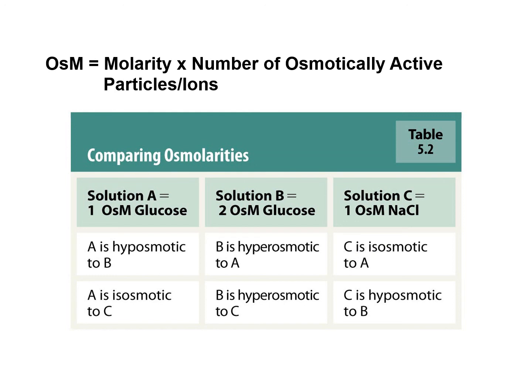If you have more osmotically active particles, like solution B here, it's 2 osmoles, that would be hyperosmotic. More solute is more osmotic. More solute is less water. So if we have 1 osmole and 2 osmoles, this one's going to have a higher concentration of water than this one, and the water will want to diffuse, if we allow it, from the 1 to the 2.